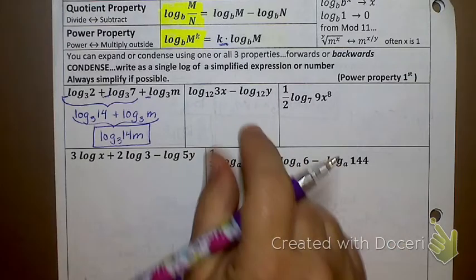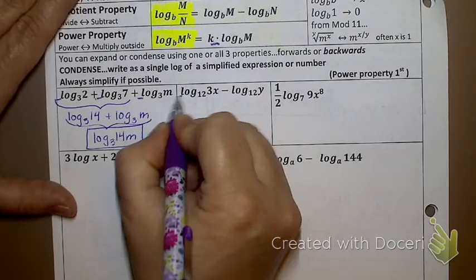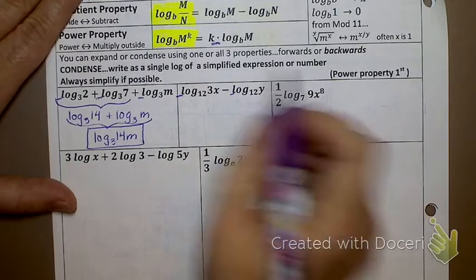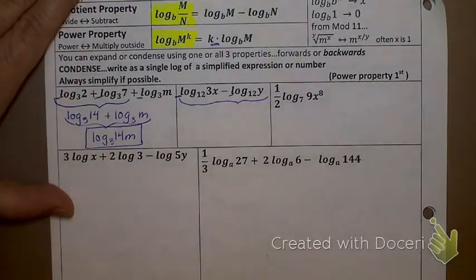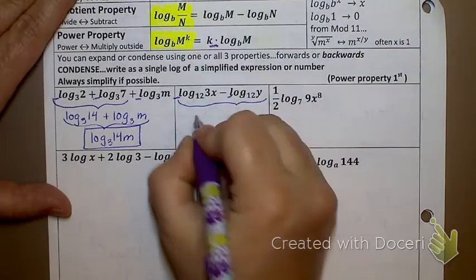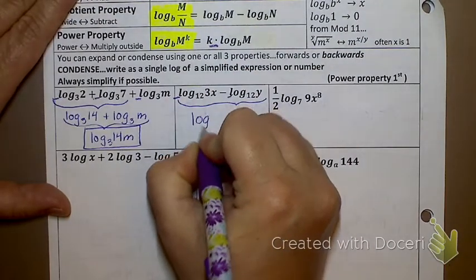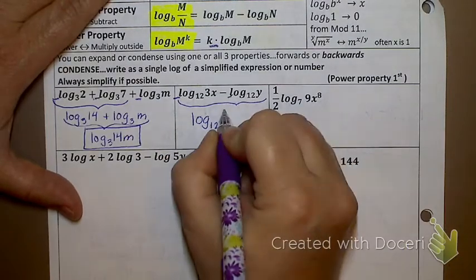All right. This one, do I have any exponents to deal with? Nope, nothing's in front, so I don't have to worry about that. I only have 2 logs, so this should be pretty quick. They're connected by subtraction, so what are they going to condense to? Division. So that's going to give me log base 12 of what's my numerator? Over.